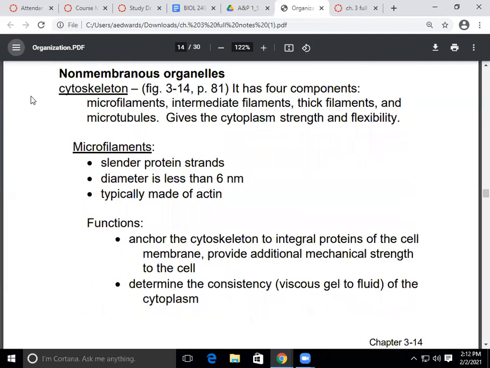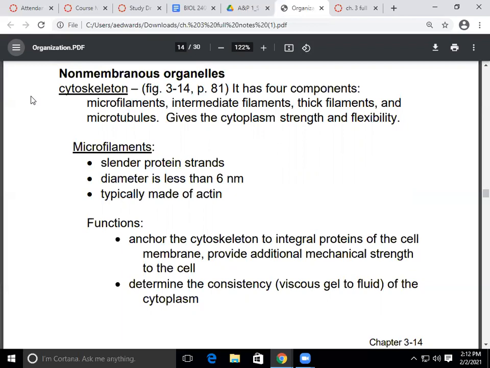So let's start with the non-membranous organelles. The cytoskeleton has four components: the microfilaments, the intermediate filaments, the thick filaments, and the microtubules. Just like your skeleton gives your body flexibility and strength, the cytoskeleton gives the cell strength and flexibility.